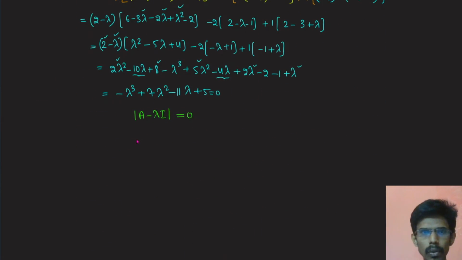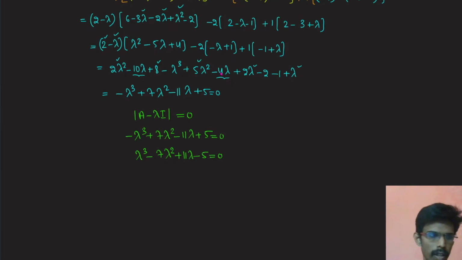Now put this value here, then we have minus lambda cube plus 7 lambda square minus 11 lambda plus 5 equal to 0. Now multiply by minus sign, we have lambda cube minus 7 lambda square plus 11 lambda minus 5 equals 0. Now let us get the roots of this cubic equation.